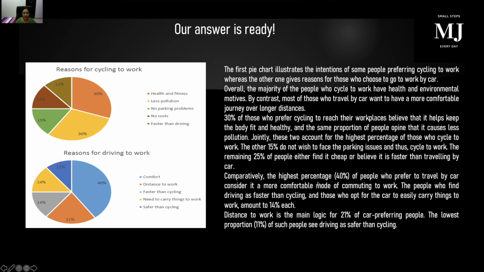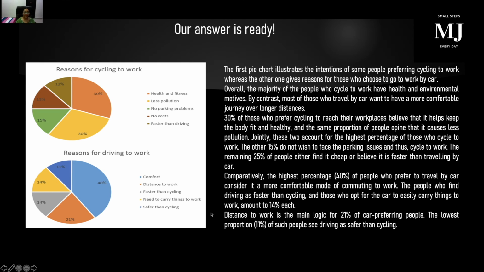Comparatively, the highest percentage, that is the 40% of people who prefer to travel by car, consider it a more comfortable mode of commuting to work. Good vocabulary. The people who find driving as faster than cycling, that means the 14% grey shade, and those who opt for the car to easily carry the things to work, again 14%, amount to 14% each.